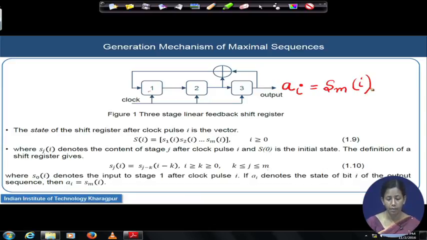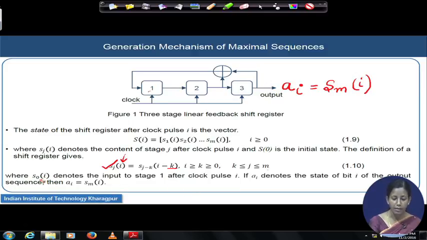I hope it is clear. So, we have already defined what is the instantaneous value stored in each and every stage on the arrival of the ith pulse, and we have also related this value with the preliminary stages and the occurrence of the corresponding clock pulses going back, which is giving actually the trace of the previous clock pulses or the previous timing instance.